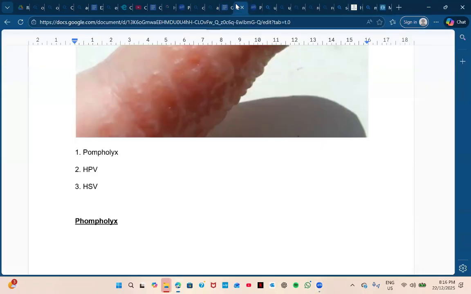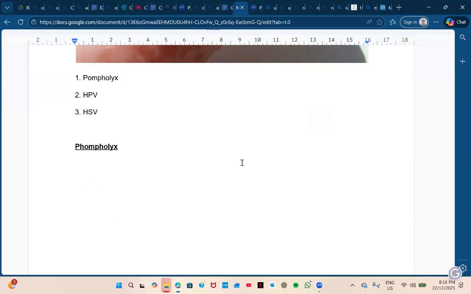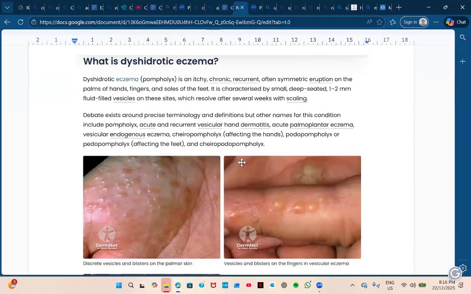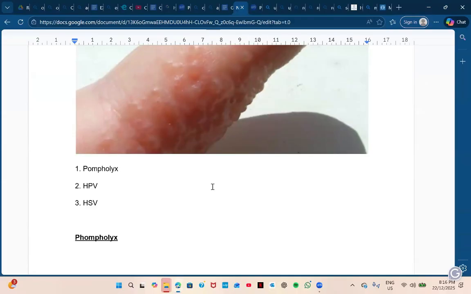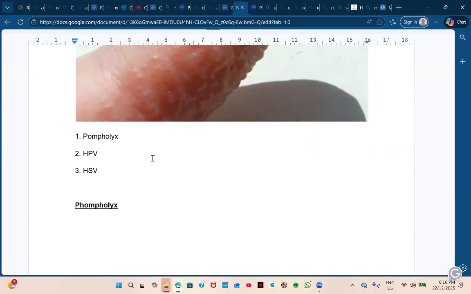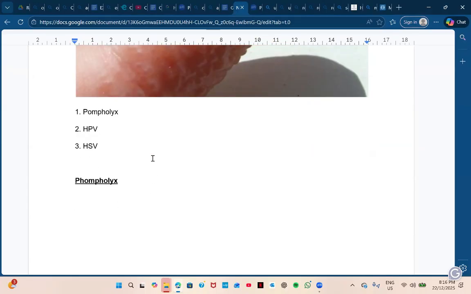Okay, let's go back to our session. So you all know how to identify these. Just remember, eczema-like forms are itchy, symmetrical vesicles. For HSV, they are a painful group of vesicles, usually unilateral, though it can be bilateral.